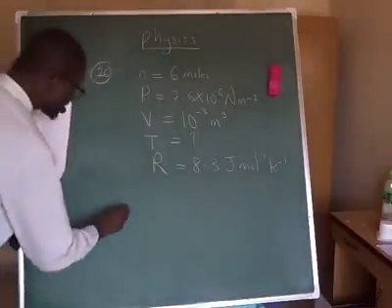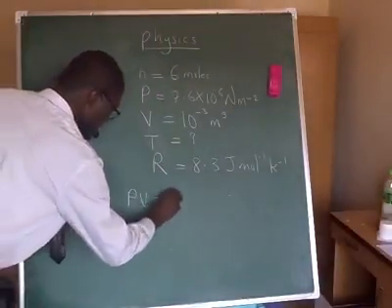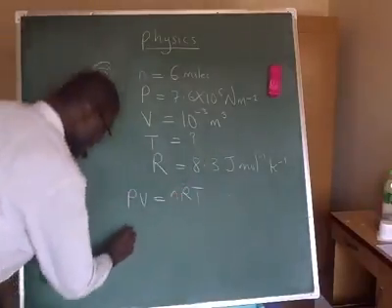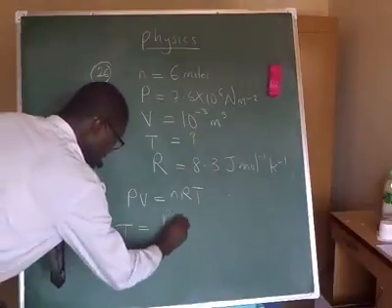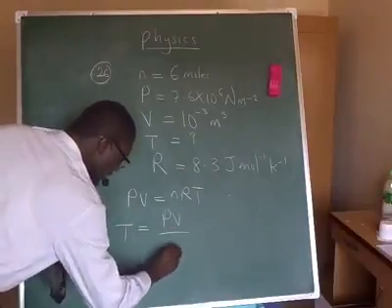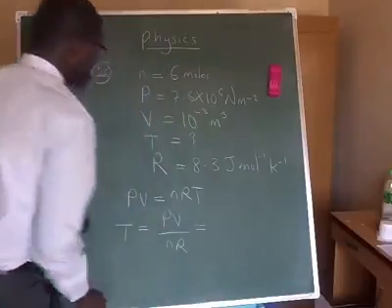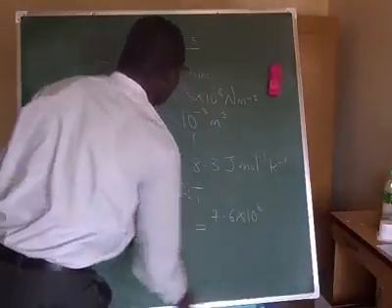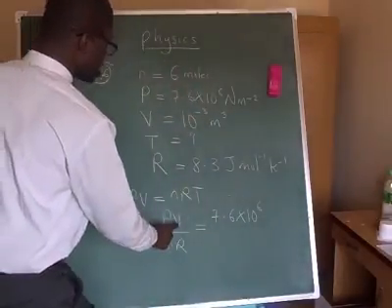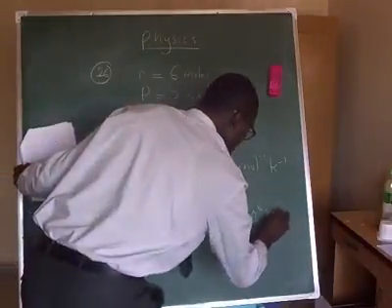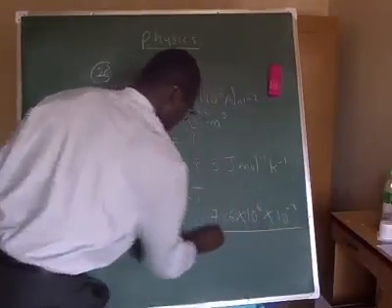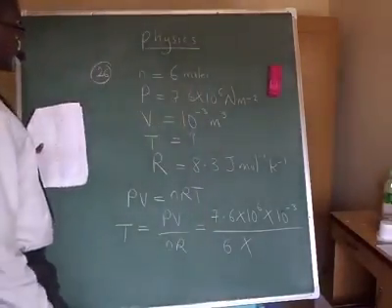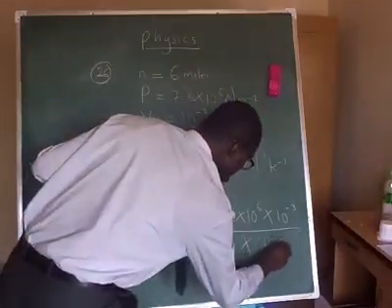Now using our ideal gas equation, which says PV is equal to nRT, and we're looking for T. When I make T subject, I have PV over nR. So my pressure is 7.6 exponential 6, my volume is exponential minus 3, all upon my number of moles, 6, multiplied by my constant, 8.3.